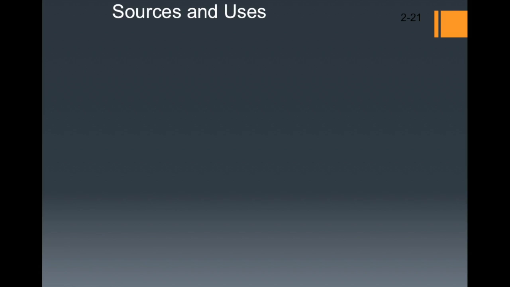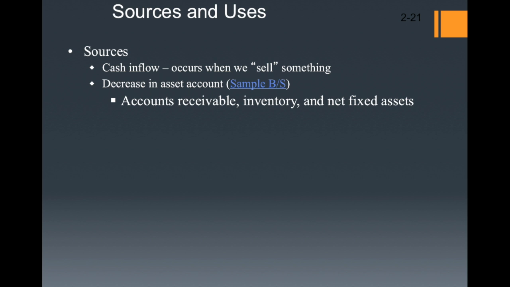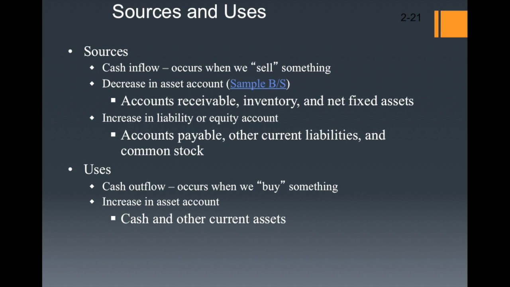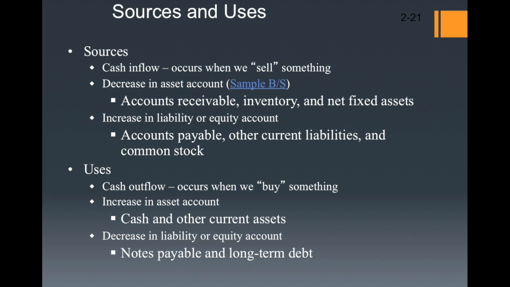This is a very good summary to have and to remember: anytime you decrease an asset, anytime you increase a liability, that's a source of cash. Cash is coming in. When you do the opposite, whenever you increase an asset or decrease a liability, that's a use of cash.